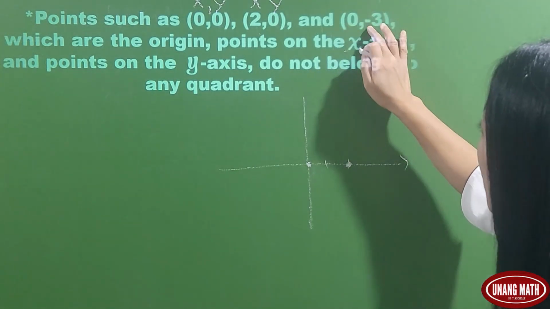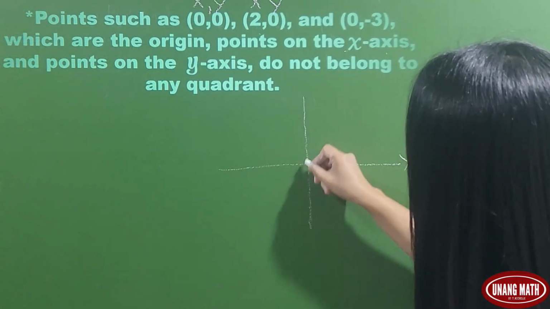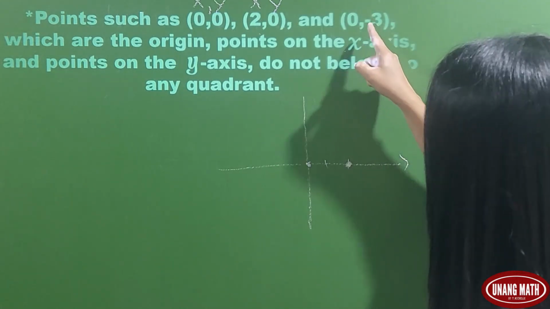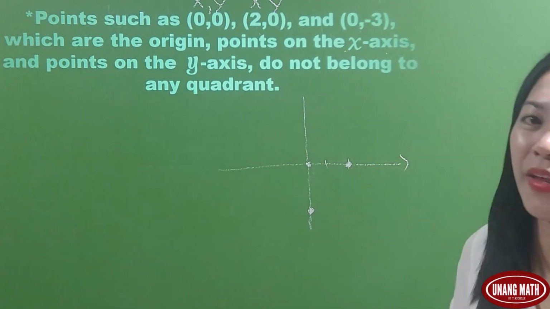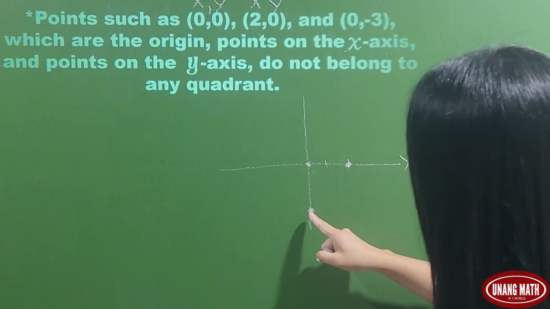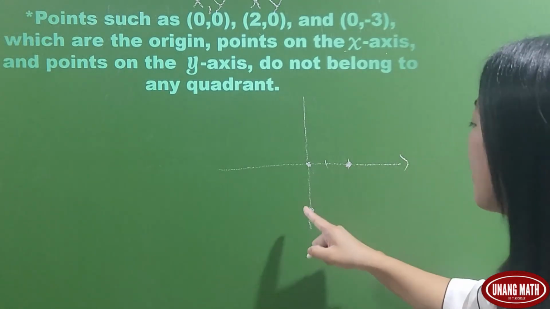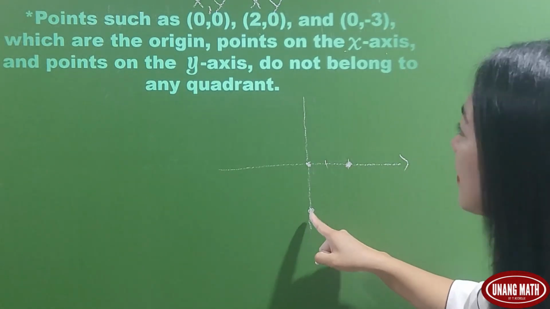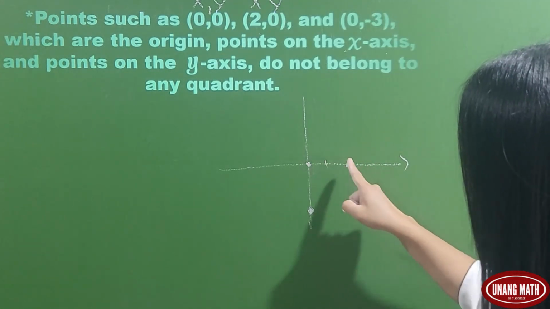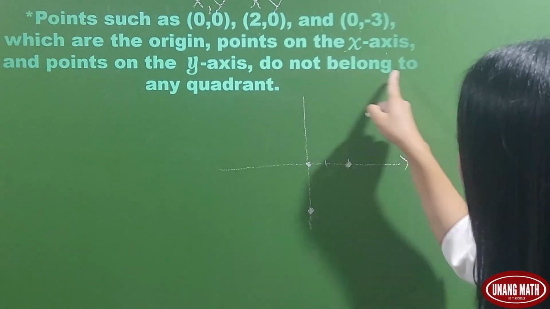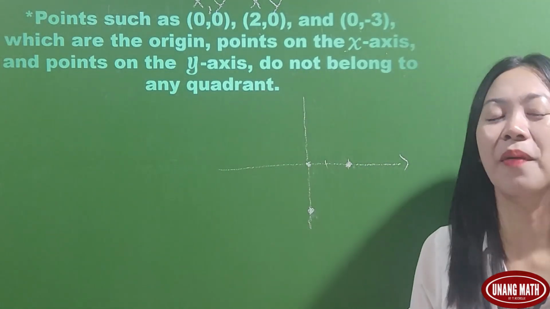Okay, what about (0, -3)? The x-coordinate is 0 and the y-coordinate is negative 3. So this is the point, and this ordered pair lies on the y-axis. So this point and this point do not belong to any quadrant.